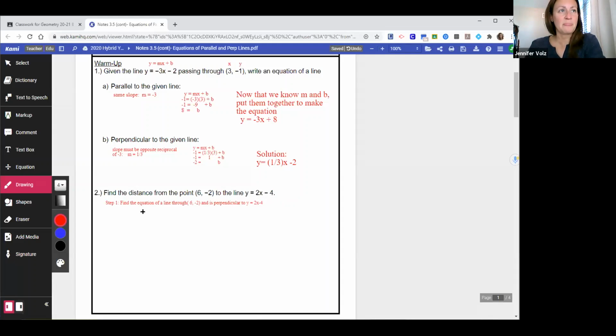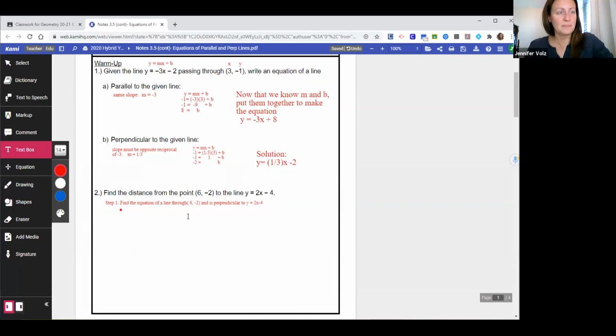If I were trying to use slope, oh gosh, nope. I can tell already, bad idea. Back to just typing. Text box, there we go.